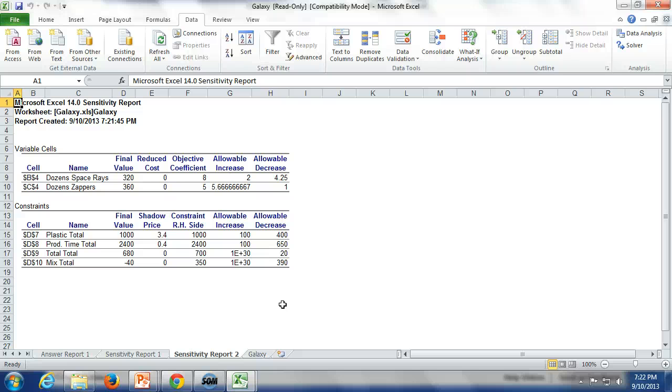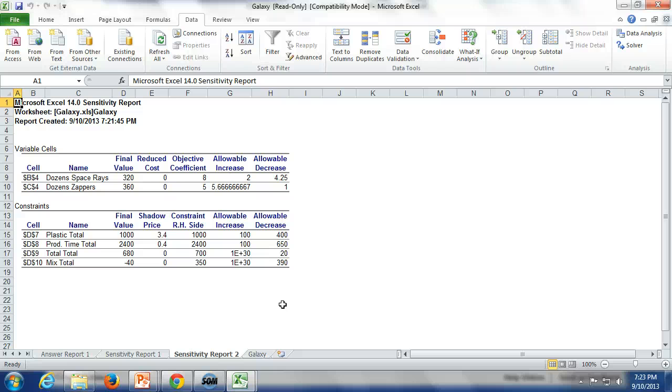Now, one other concept with this, and this is a little bit tricky. If someone says, we normally pay, let's say we normally pay $1 for a pound of plastic.